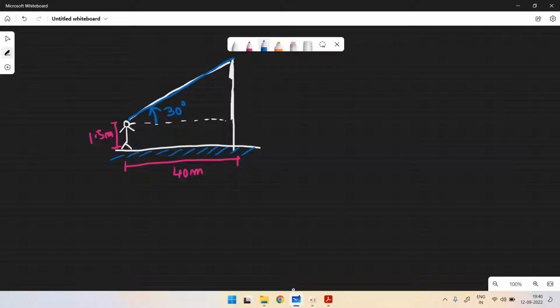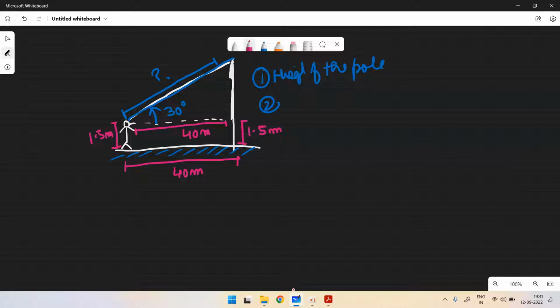Now it is said to find, first, the height of the pole, and second, this distance. If you see this figure, you can infer that since these are parallel, this will also be 40 meters, and this becomes a rectangle, so this height will be 1.5 meters.